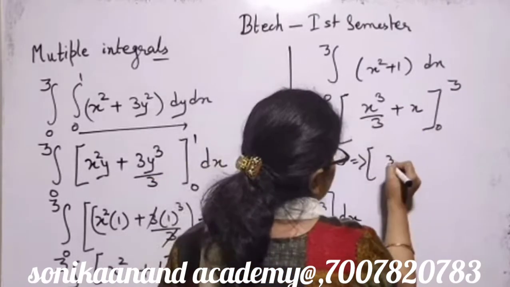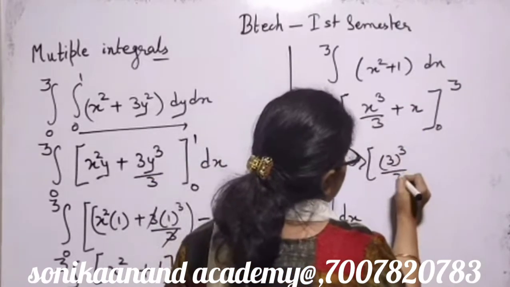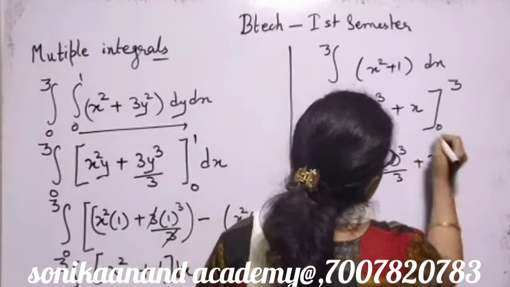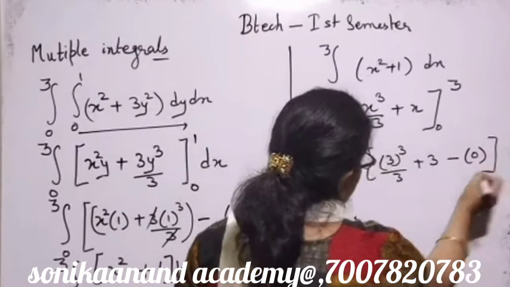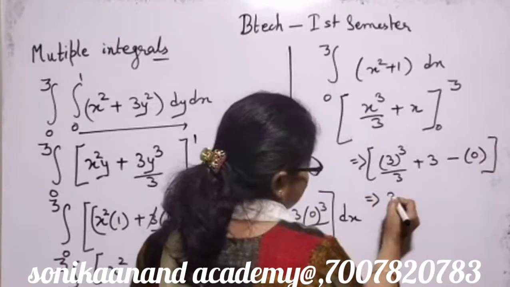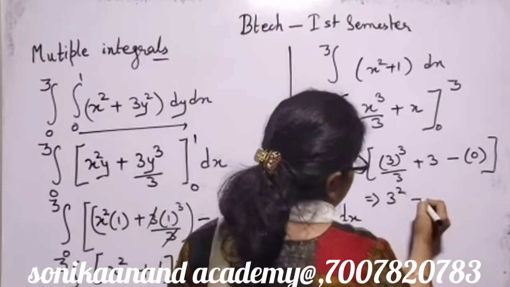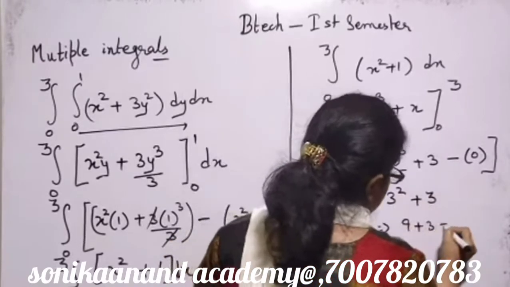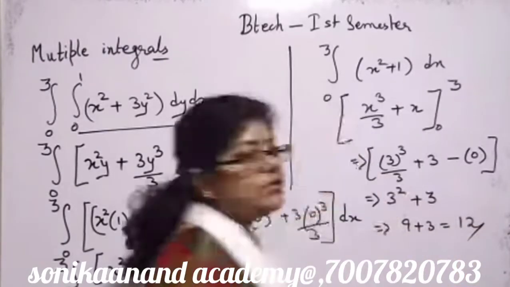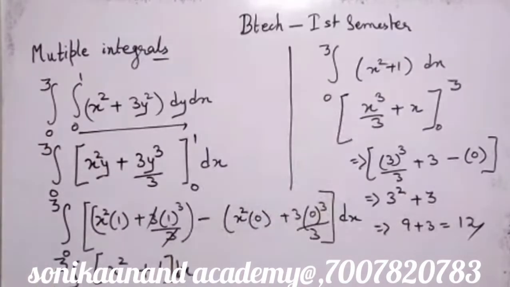So we have 3 cubed over 3 plus 3, minus, in place of x, when we write 0, the whole term becomes 0. And ultimately we get 3 squared plus 3. That means we have 9 plus 3 which equals 12. So this is our required answer.